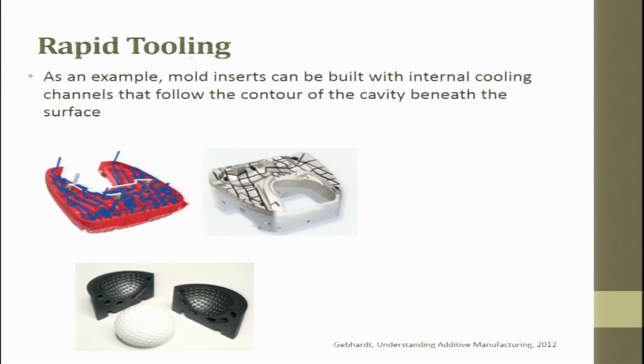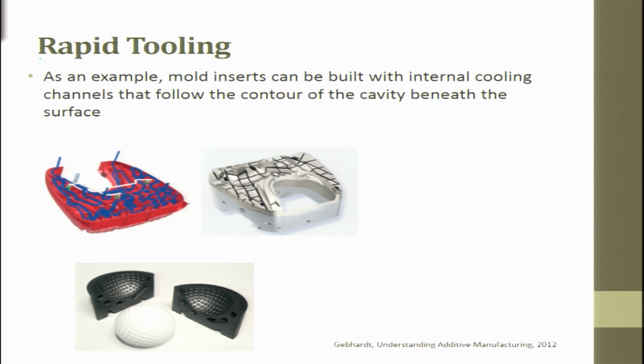So, rapid tooling, as it explains here, is a mold insert that can be built with internal cooling channels that follow the contour of the cavity beneath the surface. So, this is shown in this example.